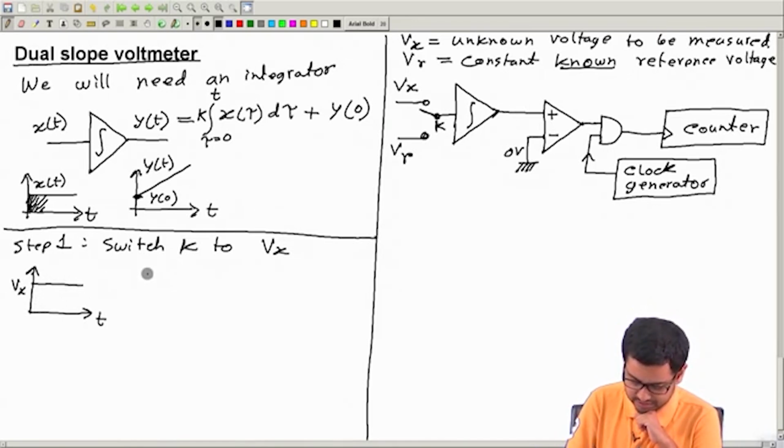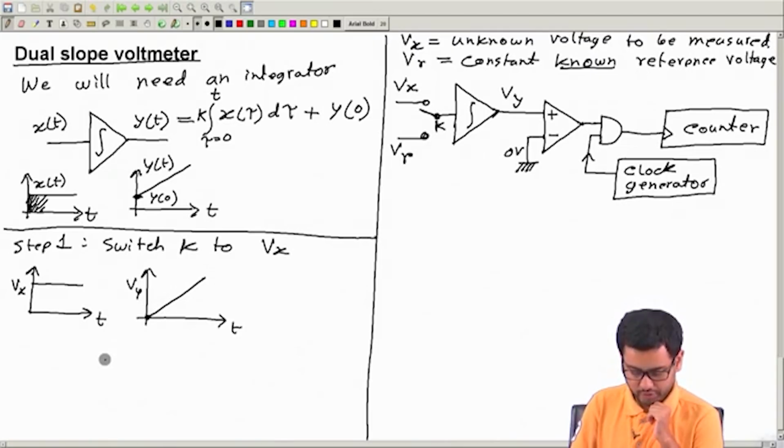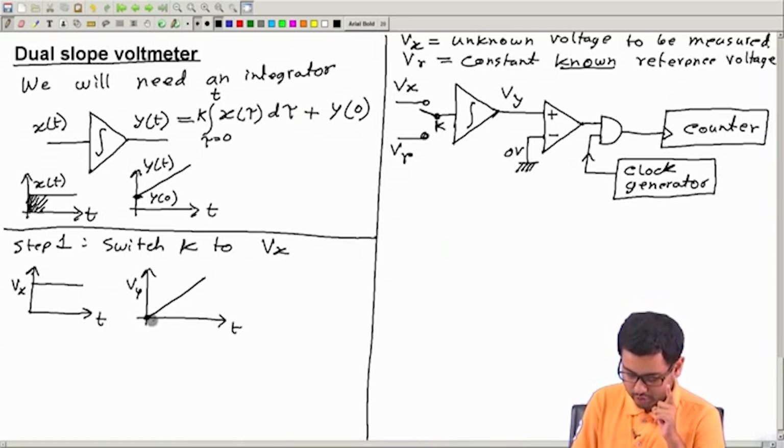Plotting T versus Vy, Vy will increase like this, assuming it starts from 0. It is necessary that it starts from 0.